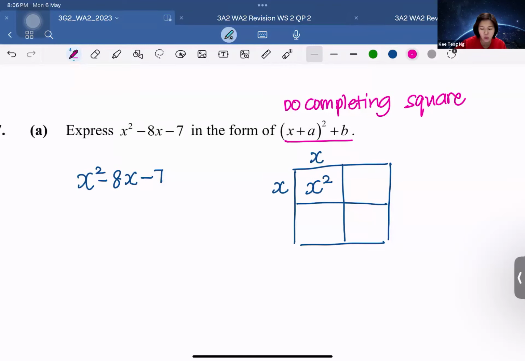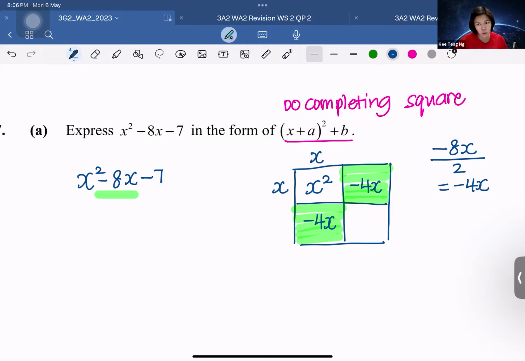Then I need to think, what number do I need to put in down here? This one needs to be the x term, negative 8x. The negative 8x, I need to split up equally into 2 portions, so you divide by 2 to get negative 4x. Therefore, you put minus 4x here, minus 4x here.